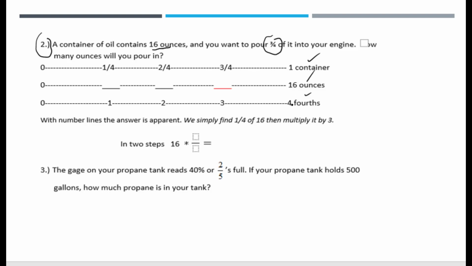So one container is 16 ounces. The easiest way, you say 4/4 divided by 4 is 1/4. So 16 divided by 4 is 4. 2/4 is twice 4, 8 ounces. 3/4 is 3 times.